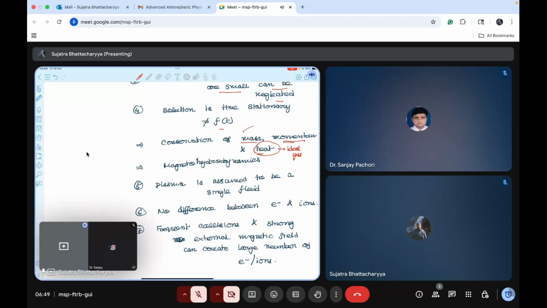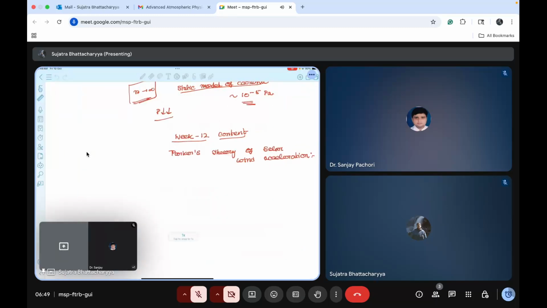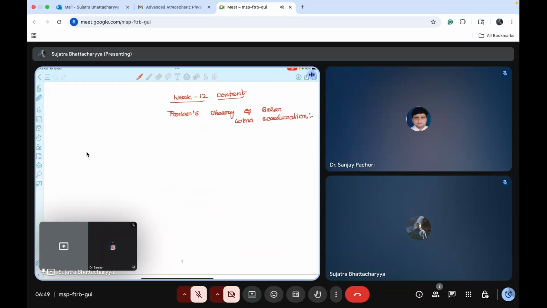Frequent collisions and a strong external magnetic field can create a large number of electrons or ions. These are the assumptions before going into the derivation of the solar wind acceleration. We have discussed this. Now we can start.